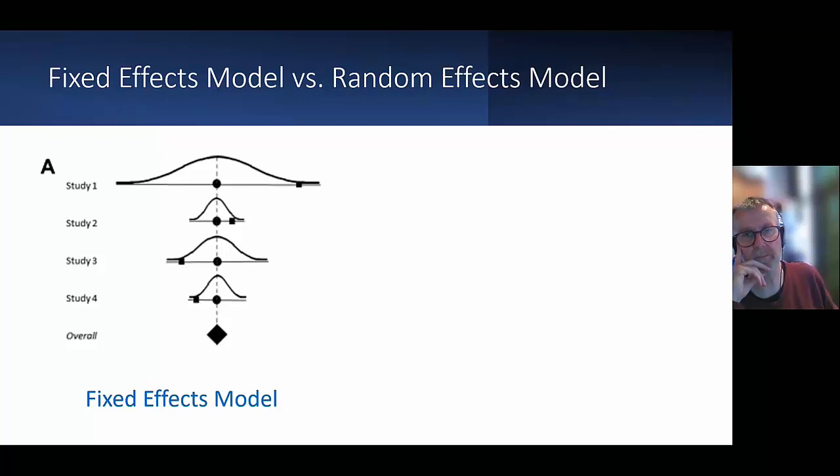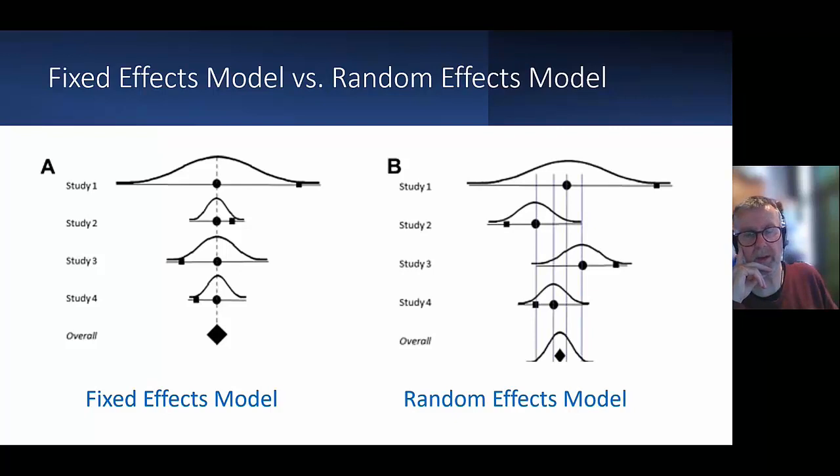If, on the other hand, we do not feel there is a general uniformity of the underlying population parameter being measured, i.e. if we deem the heterogeneity to be unacceptably large, then we set our software, RevMan, etc. to random effects. And what this means, according to Bruce et al., again page 414, is that we suspect there is a different underlying effect for each study included in the meta-analysis.